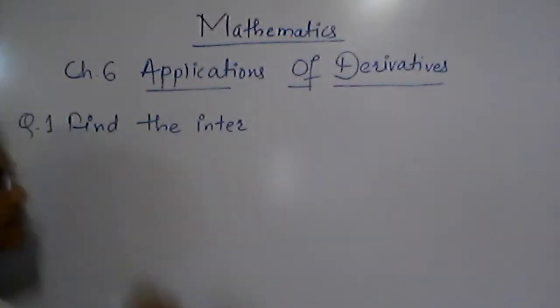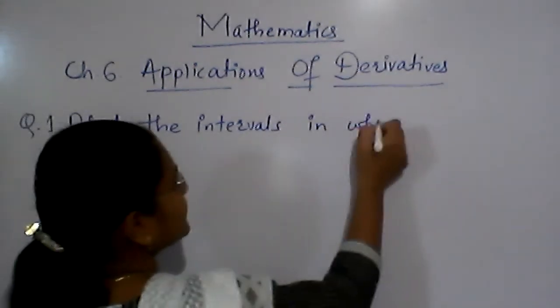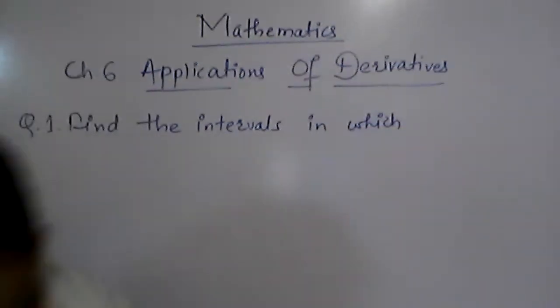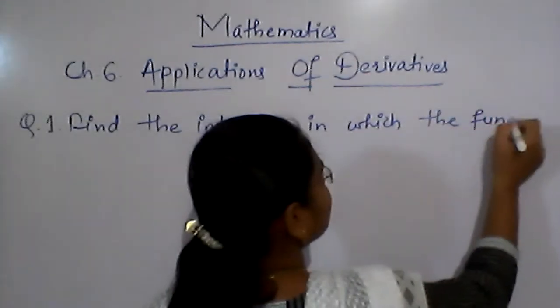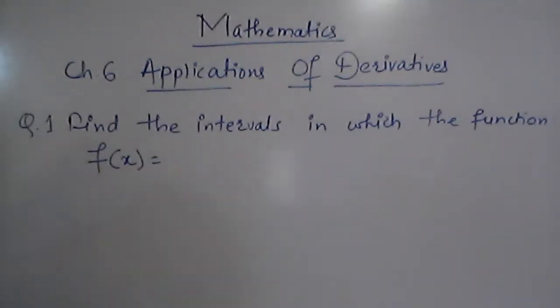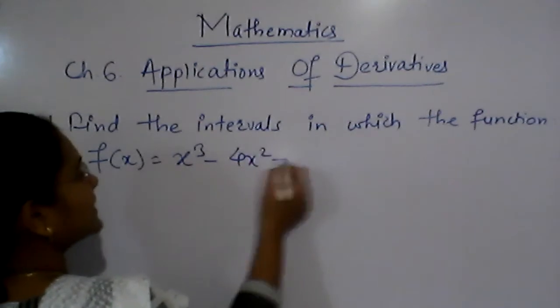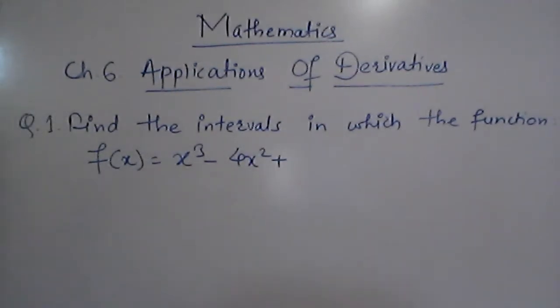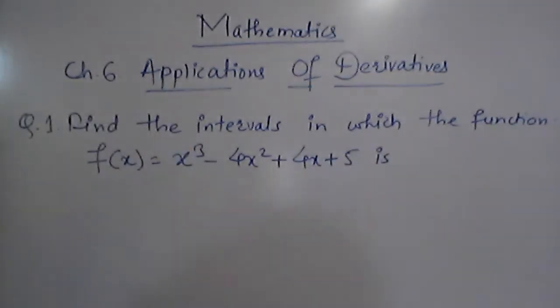Okay, so the first question is: find the intervals in which the function f equals x cube minus 4x square plus 4x is first strictly increasing.